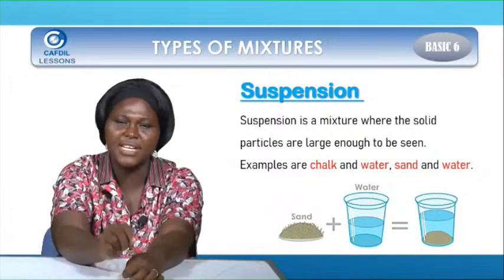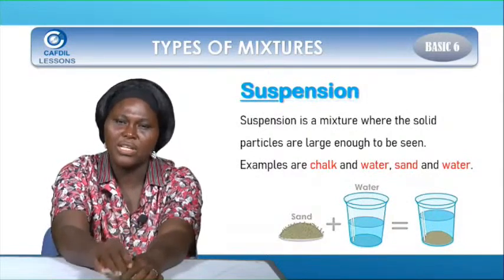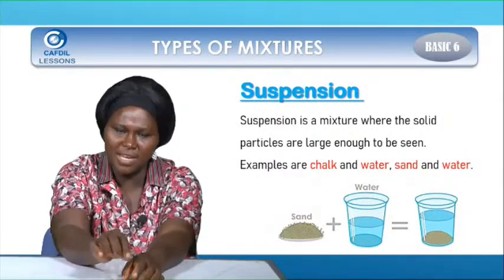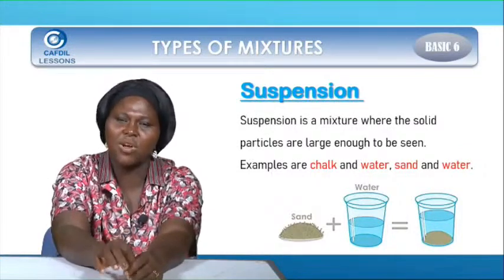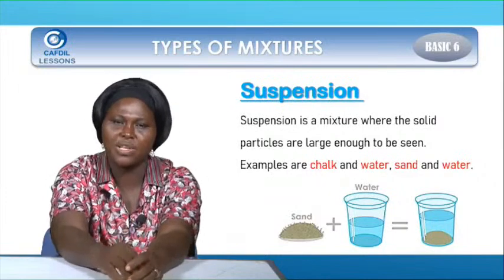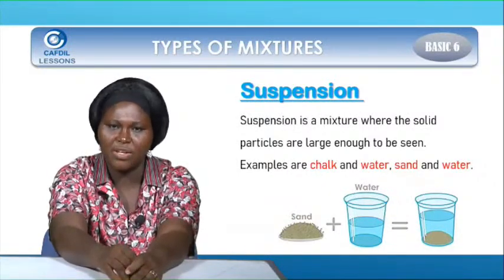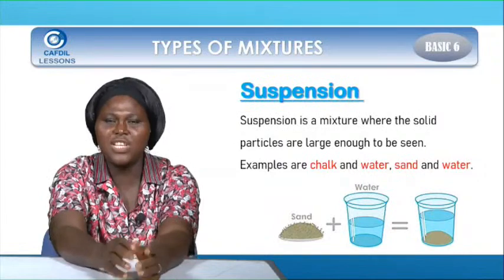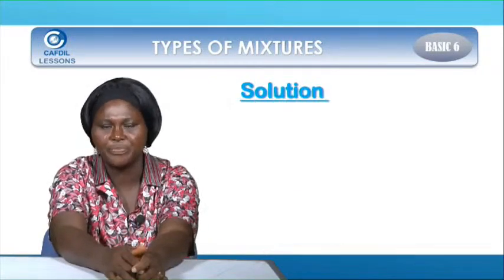We can see the particles of the chalk and the sand in the water. So we call this suspension.